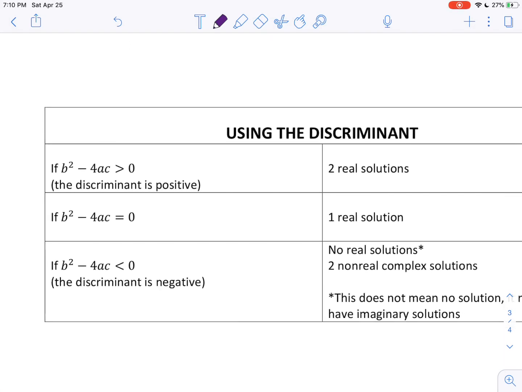So, for example, if the number that I calculate inside of my radical is bigger than 0, meaning I'm getting a positive number, no matter what, I'm going to get 2 real solutions. Okay, that makes sense because this is inside of the radical of the quadratic formula.